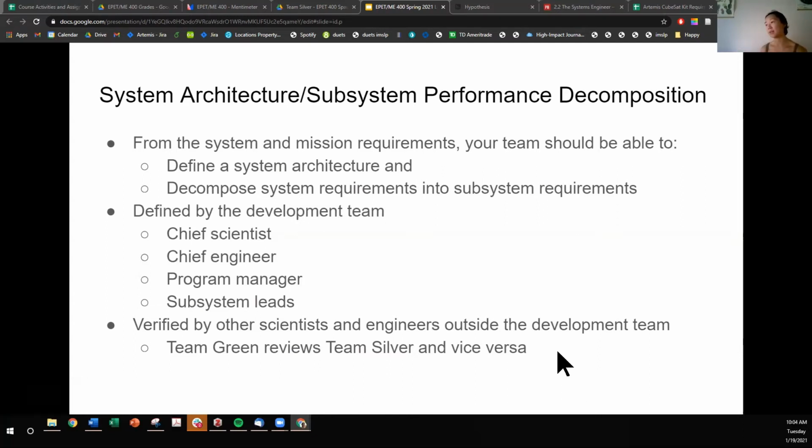So we'll have a PDR in which you're presenting your system architecture and subsystem requirements and also a preliminary design. During these reviews, we're supposed to catch any kind of feasibility issues, any technical mistakes or concepts that aren't really well thought out yet. Yeah, so questions and clarifications are very encouraged during this phase of the project.